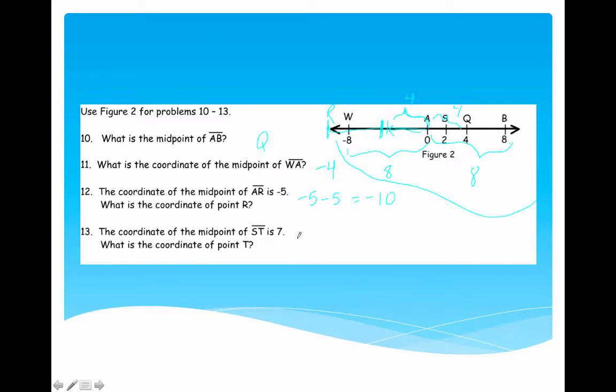The coordinate of the midpoint of ST is 7, so S is at 2, so you go here to get to 7, and you keep going over there, and this will be T. So from S to 7, we moved 5. 7 minus 2 is 5. So we went 5 to the right. So we're starting at 7 and we're going 5 more to the right, which means we add 5 and we get 12.